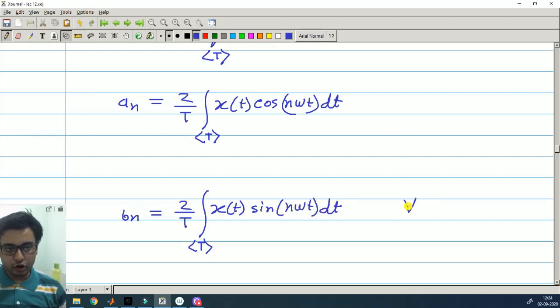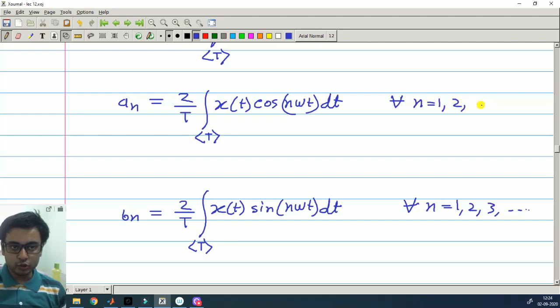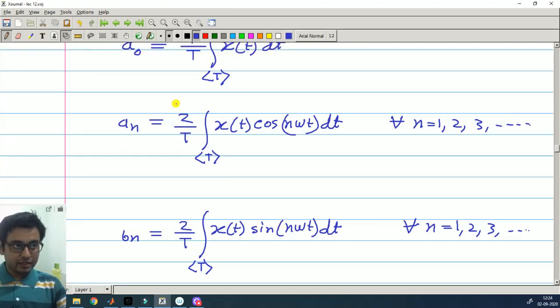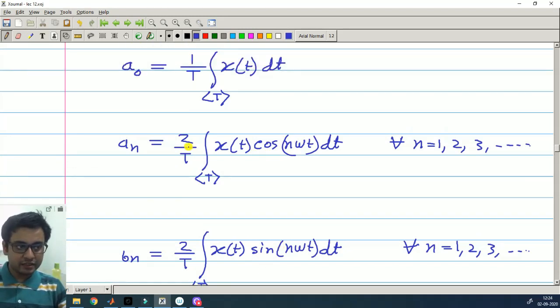This is true for all n equal to 1, 2, 3, etc. But this is not true for n equal to 0. Also note, here we have cosine, here sine. Here 1 over T, but here 2 over T and 2 over T.